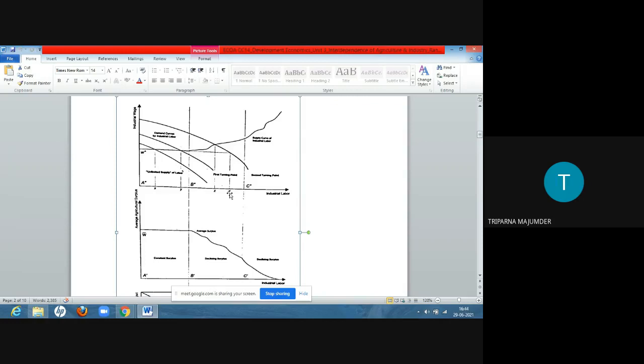This cannot happen because we have crossed this turning point here and we have moved to this side, that is, beyond B dash or B double dash or B in the lowest panel.